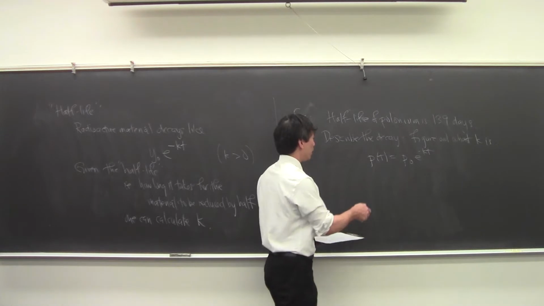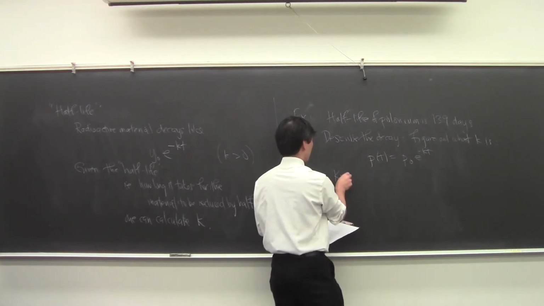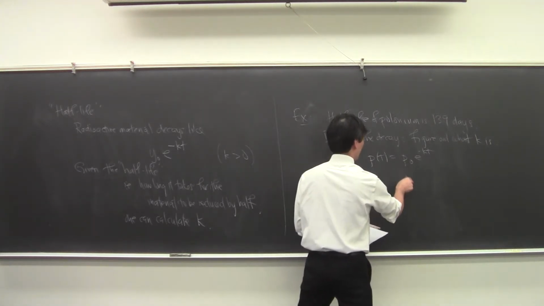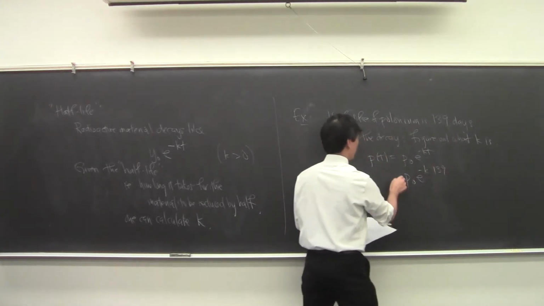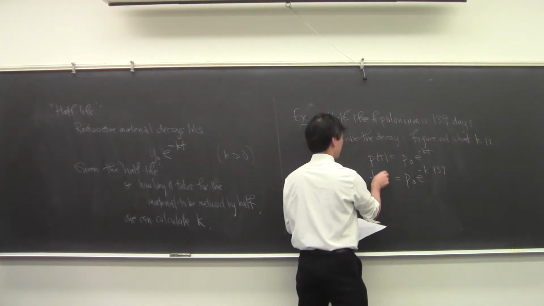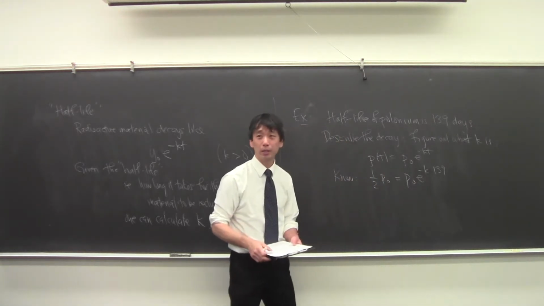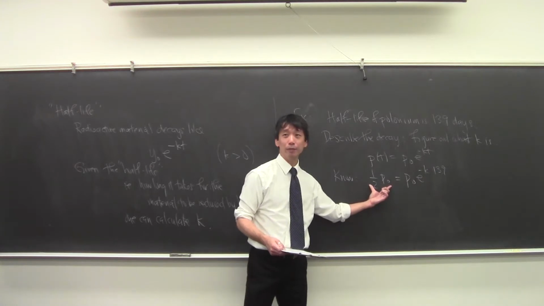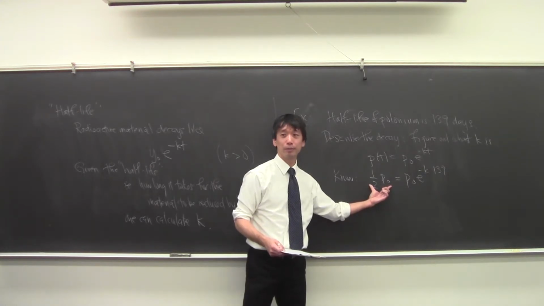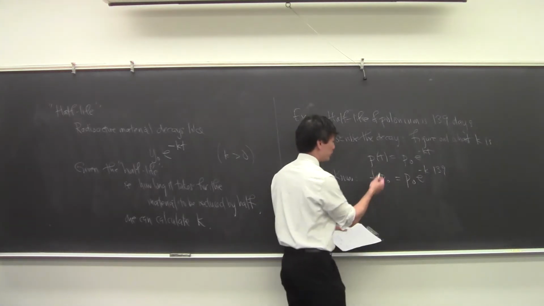And you know that when the time is 139, you end up with a half of what you started off with. You know that in 139 days, you're going to end up with a half of what you started off with.